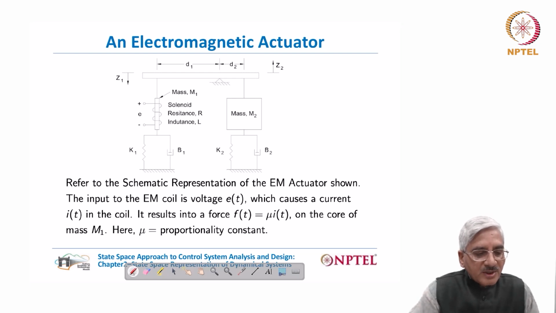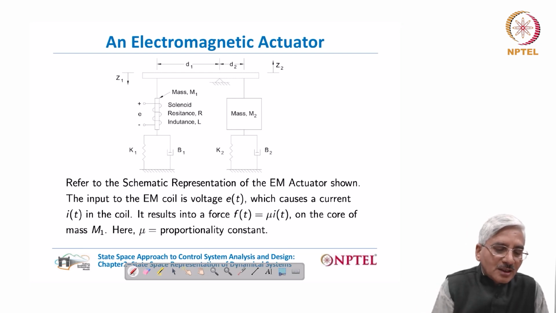Now let us go to the second example, which is that of an electromagnetic actuator. It is shown schematically in this figure. There is an electrical solenoid in which we have the core. Its core is of mass m1, shown here.